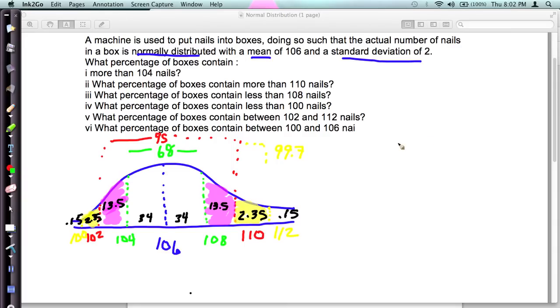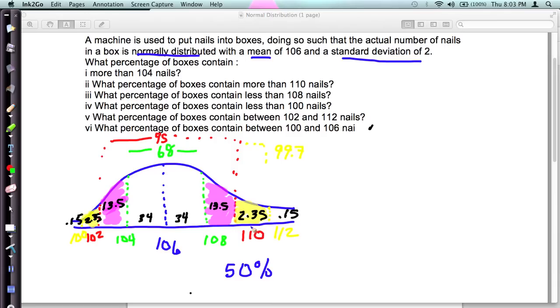Okay, so now let's go ahead and answer the questions. The first one says, what percentage of boxes contain more than 104 nails? This one's actually easy now that we've labeled our whole diagram. So more than 104: first of all, from 106 on, this is 50% of our data, because it's half of it.